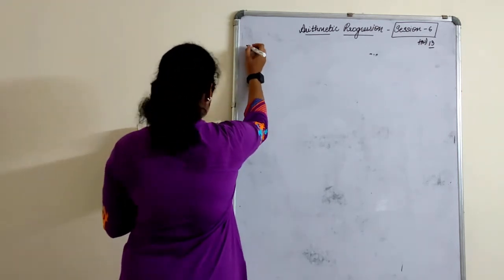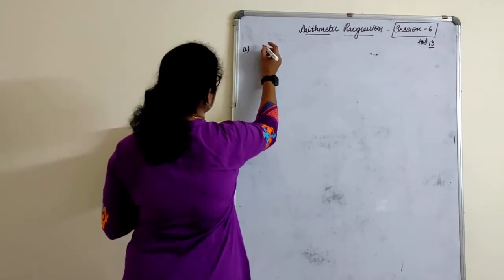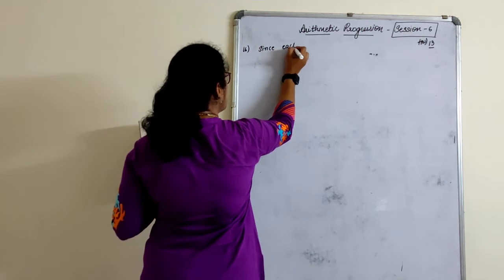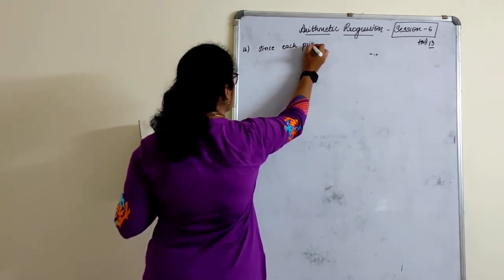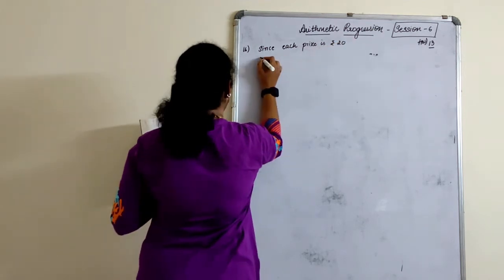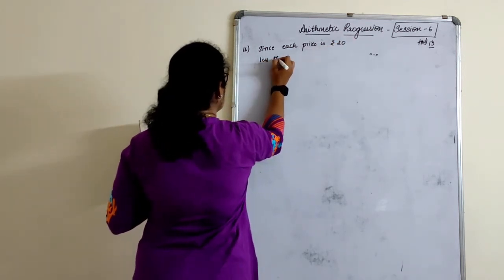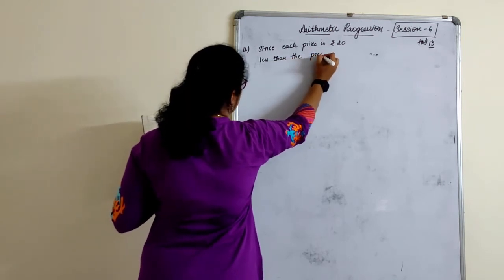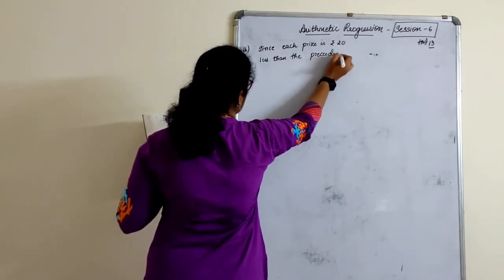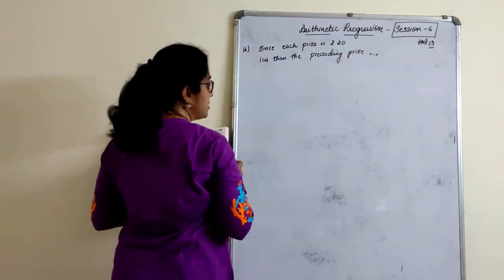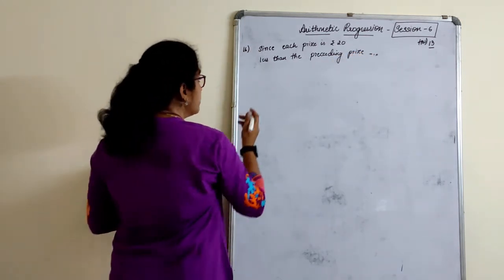Question 16. Each prize is rupees 20 less than the preceding prize. So it was 700, then 680, 660, right?